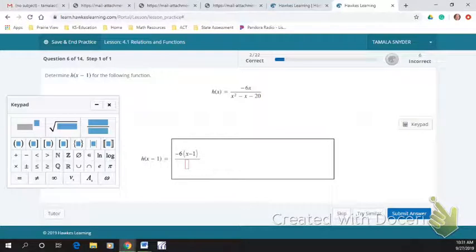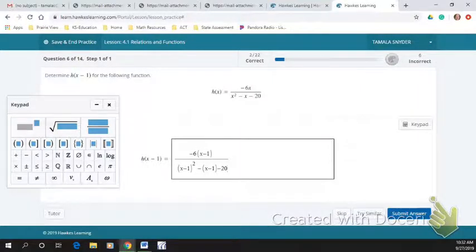Okay, so then in my denominator, I need an x minus 1 squared. So parentheses, x minus 1, and I need an exponent, so square it. Not there, though. I need it out here. Square it, right? And minus parentheses, x minus 1, minus 20.